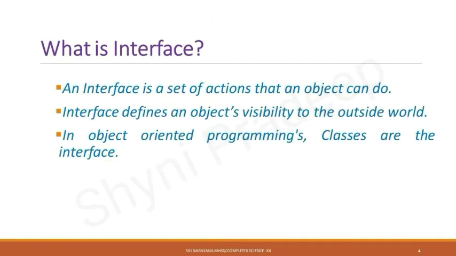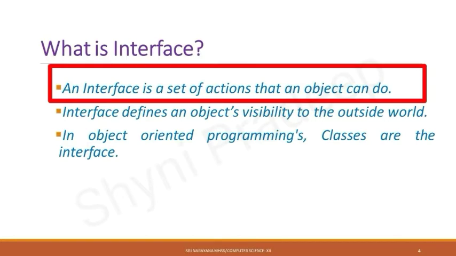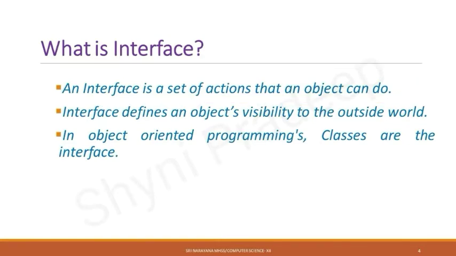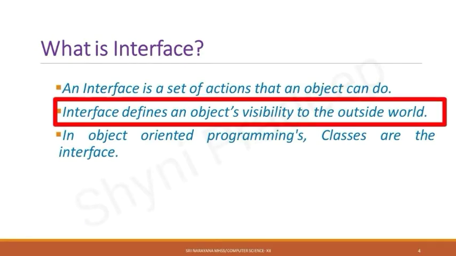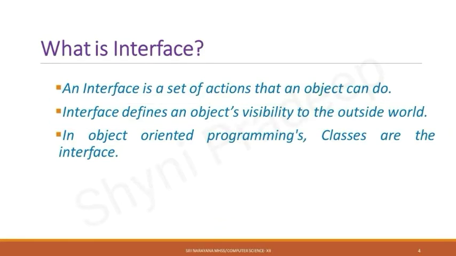What is an interface? An interface is a set of actions that an object can do. So, the interface just defines what an object can do, but it does not actually do it, which means the interface can't do anything. And the interface defines the object's visibility to the outside world, which means the object can be visible by others.